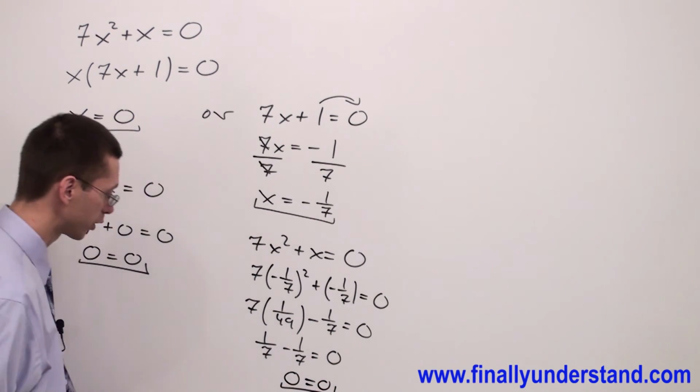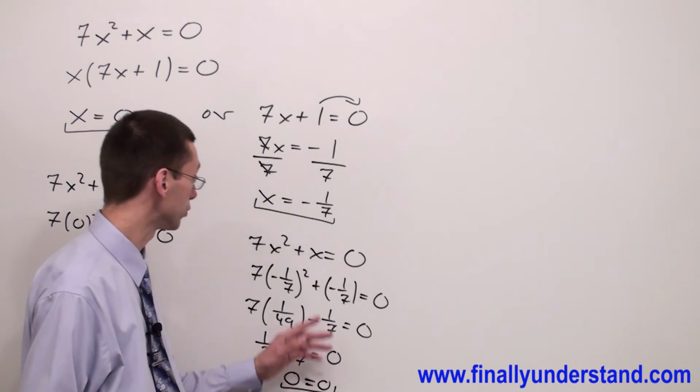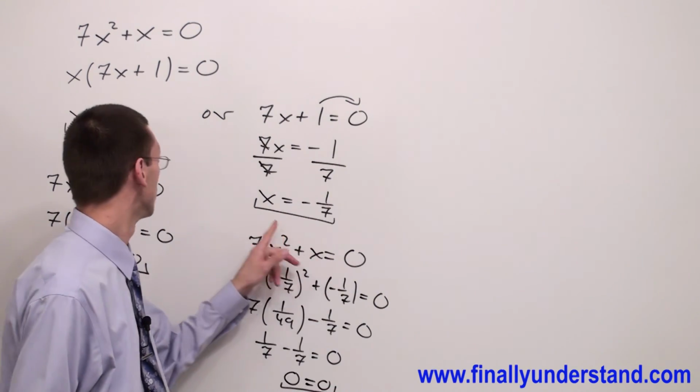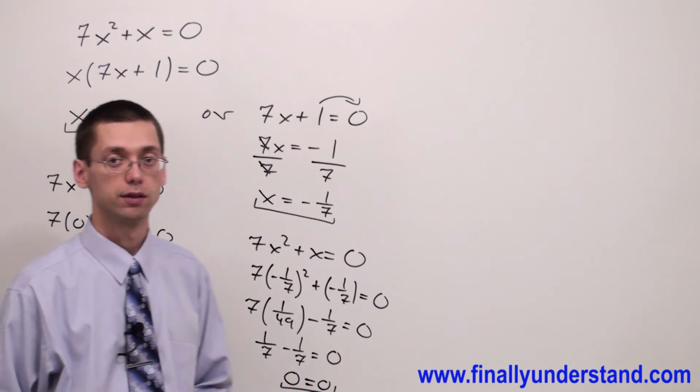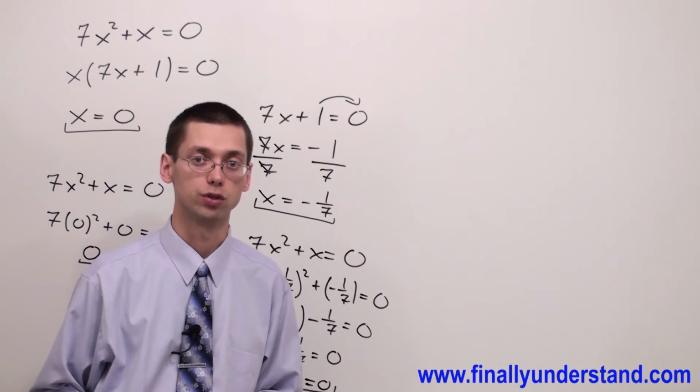The left side of my equation is equal to the right side, so this answer is also correct. So these two values of x are the right solution to my problem.